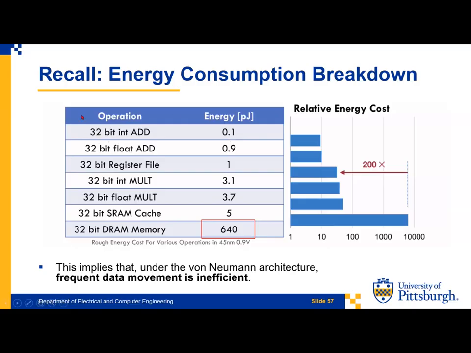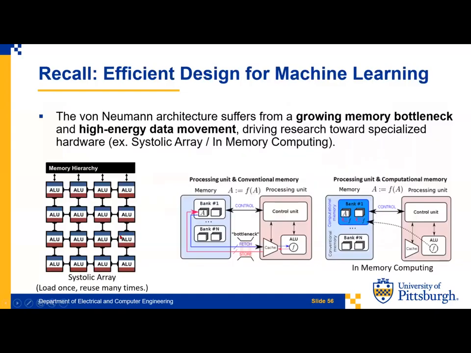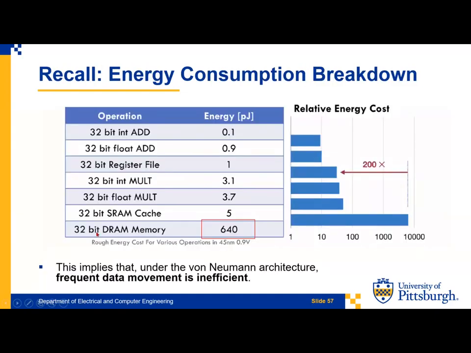So the operation inside the chip consumes less energy, and if you need to move data between two chips, you will consume a lot of energy. So in this way, with the systolic array and in memory computing, we could reduce the data movement to make the machine learning operation more efficient.